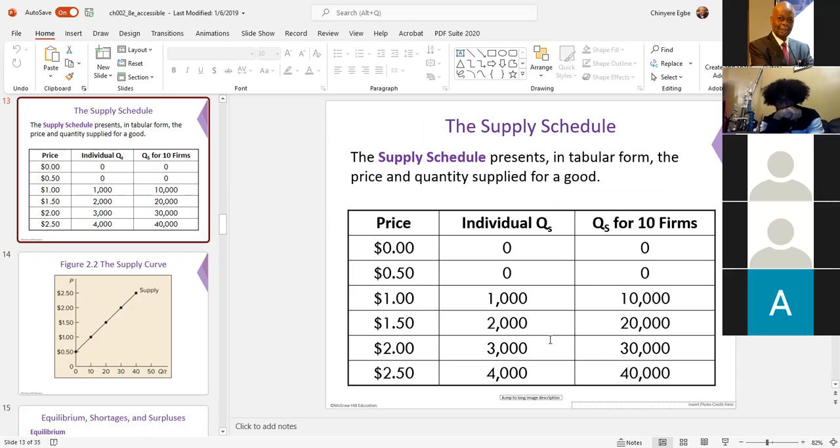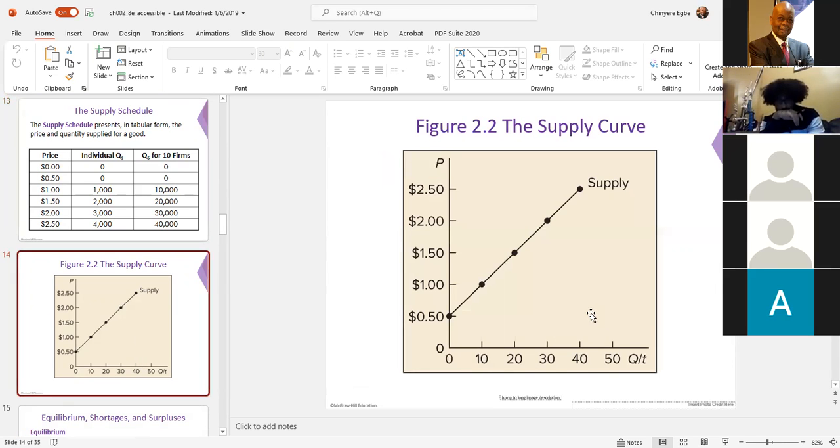But as the price goes up, more is supplied. So you have a positive relationship between the price of a good and the quantity supplied. The higher the price, the more. When the price is 0, nothing is supplied. When the price is $1, 10 is supplied. When the price is $1.50, 20 is supplied, because there is more and more profit. Okay?